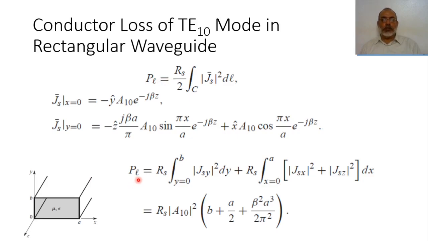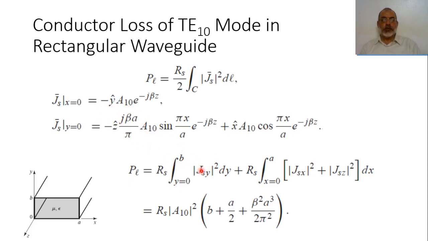So the power losses would be R surface, the integration over y from 0 to b, multiplied by the surface current at the left wall squared, which is J surface y squared.